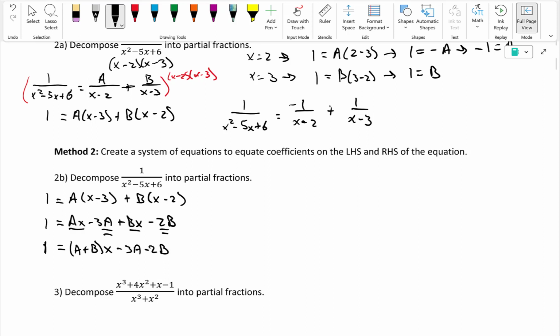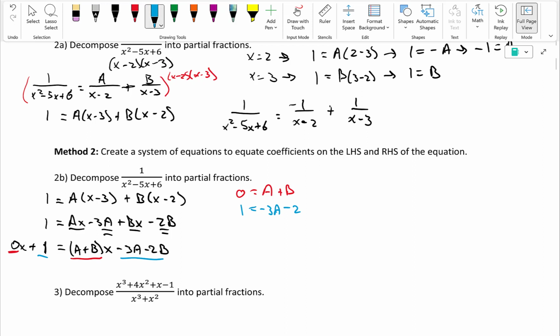All right, so maybe we'll do this for a bigger one later so we can see a little more, but we're equating coefficients. So on the left side, we would have a 0x term plus 1. So if we equate the coefficients of the x terms, we get 0 equals A plus B. And for the constants, we get 1 equals minus 3A minus 2B.